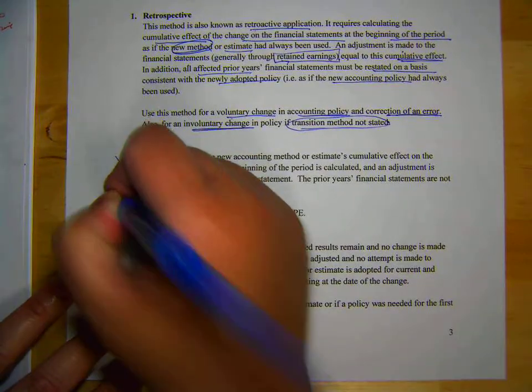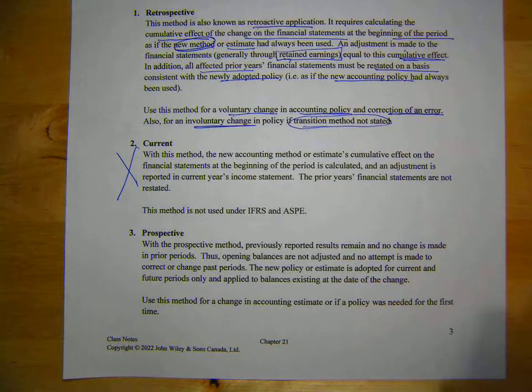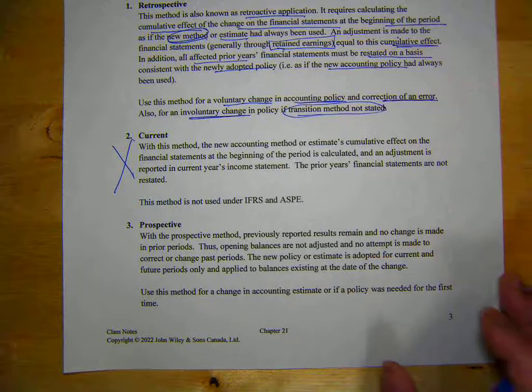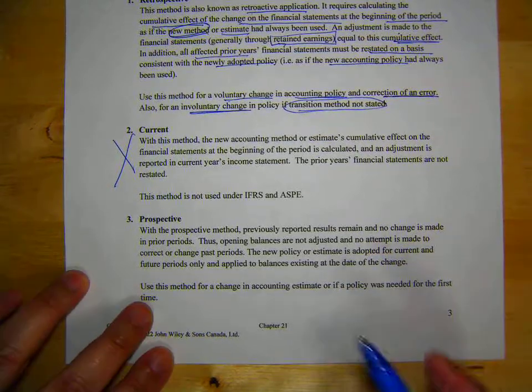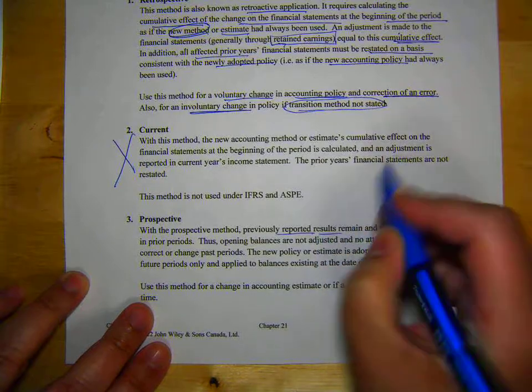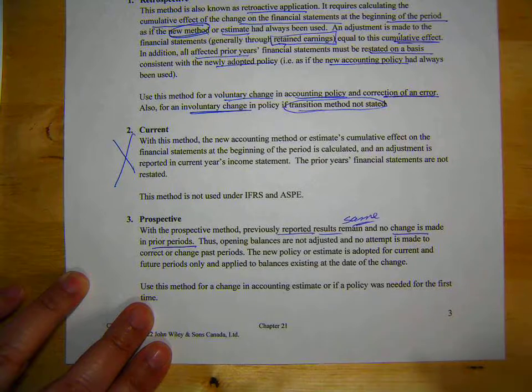Current, that is certainly an option. It has not been used in accounting for a long time, and most jurisdictions don't. Now, what you guys do in the future with accounting, that could change, but right now we don't do it. Prospective, previously reported results stay the same. No changes made in prior periods.